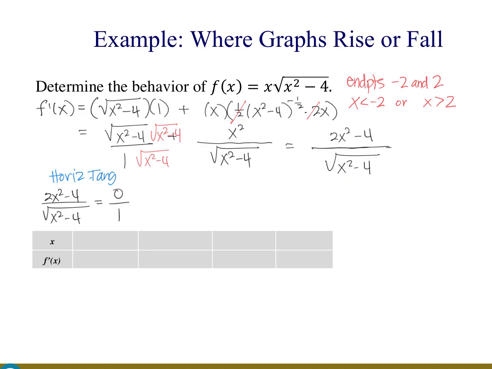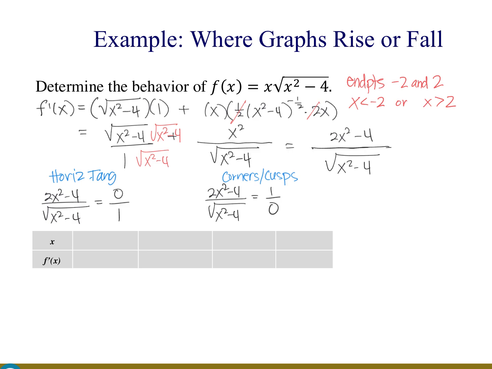If I want to find corners or cusps, I take the same derivative and I cross multiply it with 1 over 0. That's going to find me if it has any corners or cusps. The only reason I didn't do this last time is because I knew that a cubic didn't have corners and cusps, and I knew that a polynomial didn't have corners and cusps, but this one sure might.